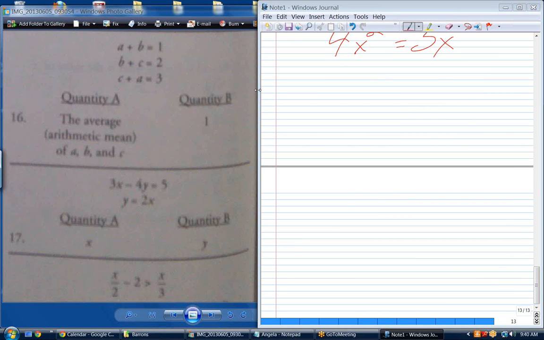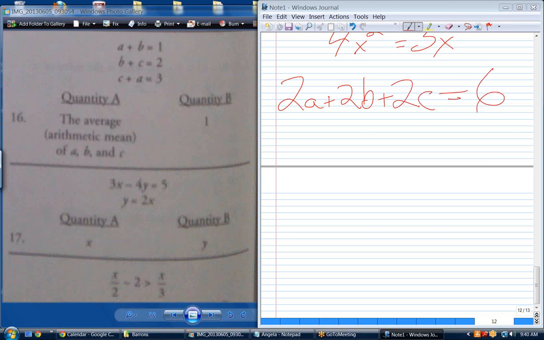My first inclination is going to be to add them and divide by 3. In other words, when you add them, what nice thing happens? The nice thing that happens is you end up with 2 of everything. We end up with 2a plus 2b plus 2c, and we know that that's equal to 6.